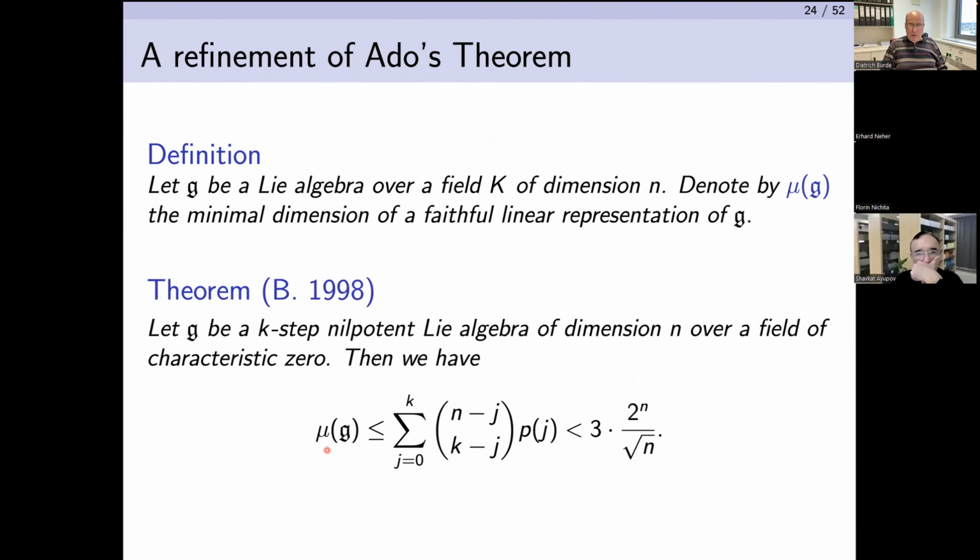It was known already for a nilpotent Lie algebra, which is k-step nilpotent, say, of dimension n, that you get some exponential bound. Ado's theorem itself, if you look at the proofs in the books, usually you have an iteration n times this dimension n, so n to the n is the bound you would usually get, which is even worse. So you need to do some improvement.